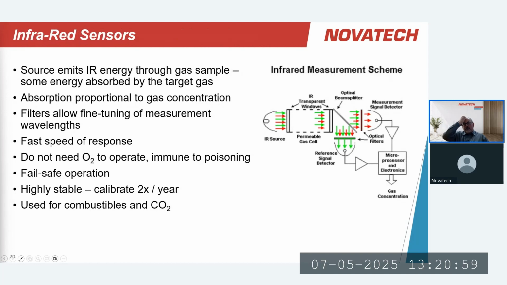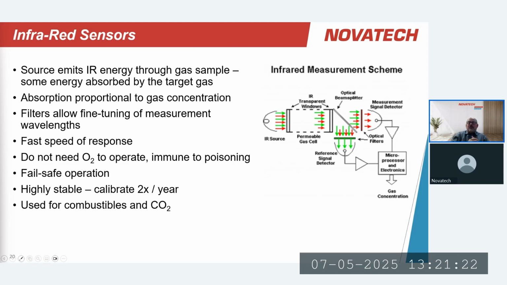Infrared sensors rely on the fact that gases will absorb energy at certain specific wavelengths based on their molecular structure. And if we know that, we can use that to quantify the presence of a gas based on its absorption of infrared energy at the wavelength of interest.